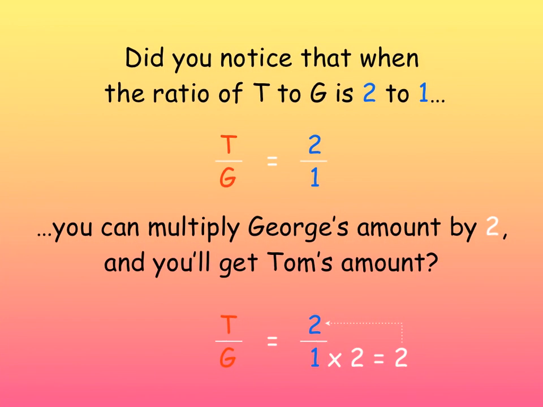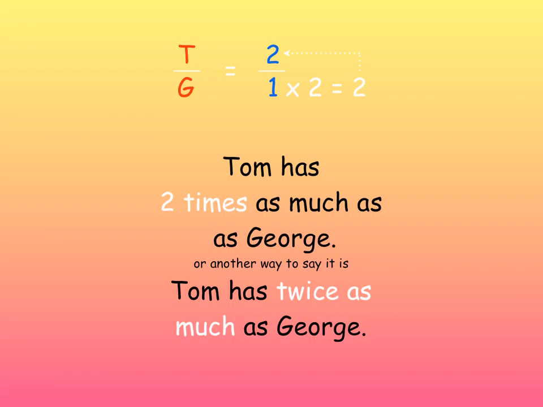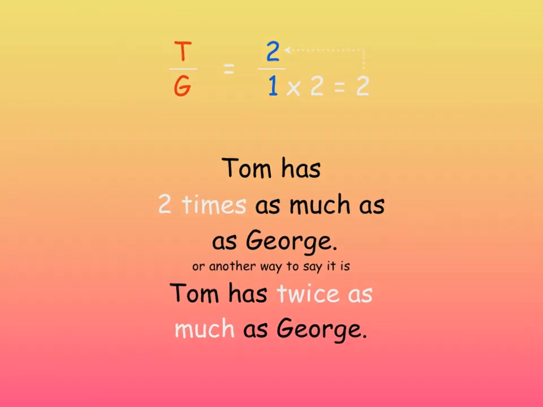Did you notice that when the ratio of T to G is 2 to 1, you can multiply George's amount on the bottom by 2, and you'll get Tom's amount? Tom has 2 times as much as George. Another way to say that is Tom has twice as much as George.